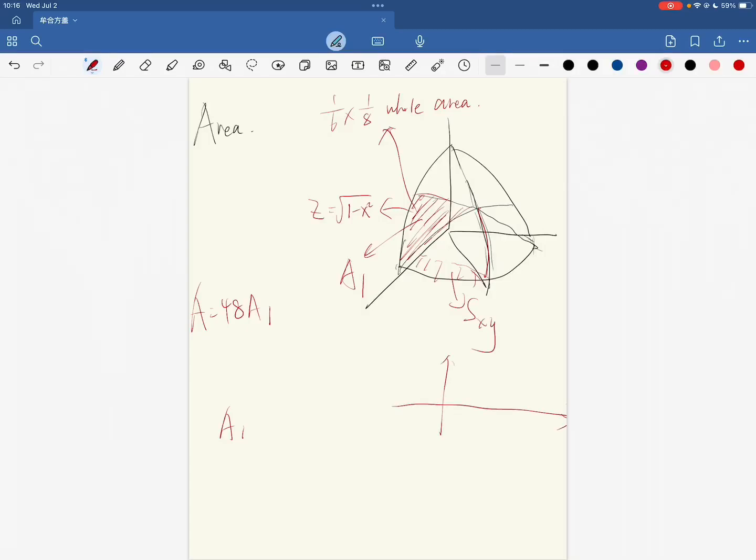This, the S in the xy plane, is actually the circle. This equation is right.